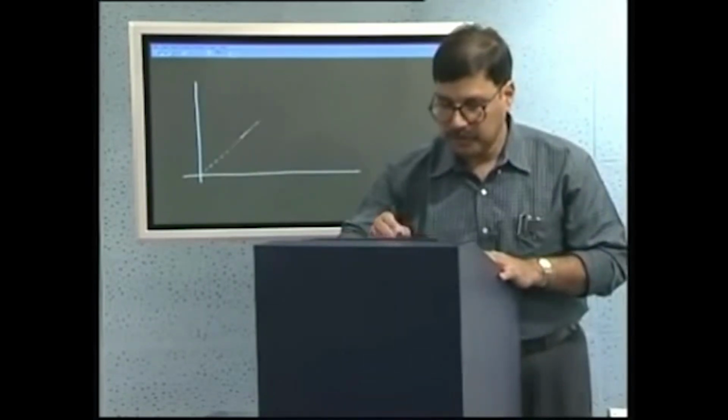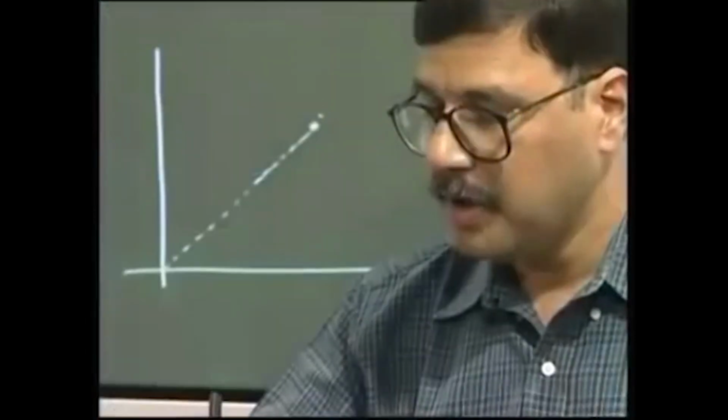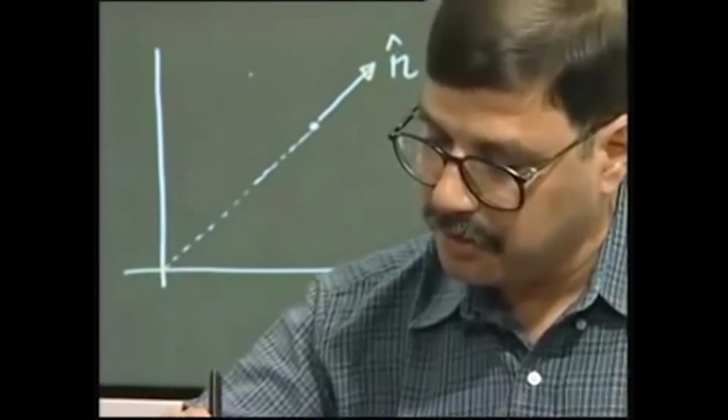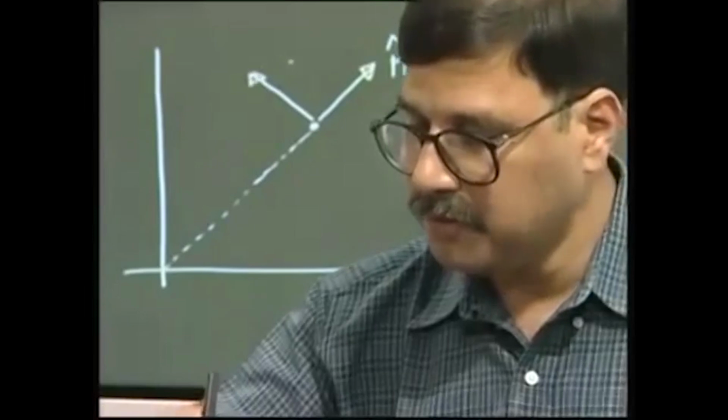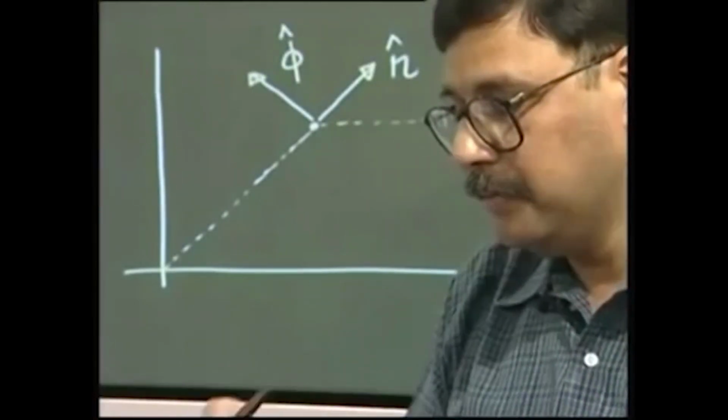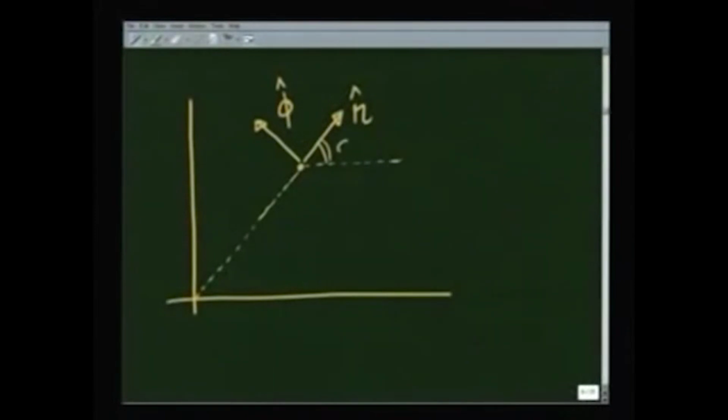So, for a particle here, I have the unit vector r and unit vector phi. This angle is phi and so is this.